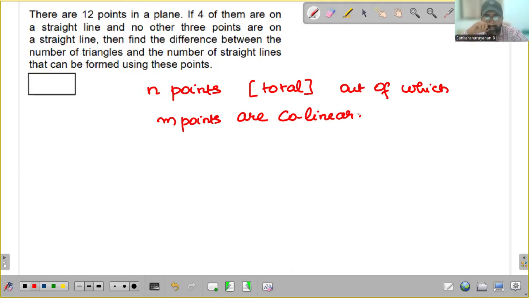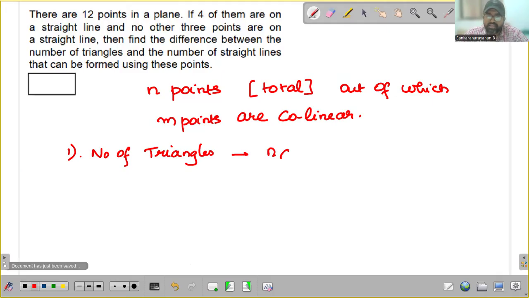Altogether n points, out of which m points are collinear. So case number 1, the number of triangles that can be formed will be NC3 minus MC3. Because to form a triangle, we need 3 points, right?